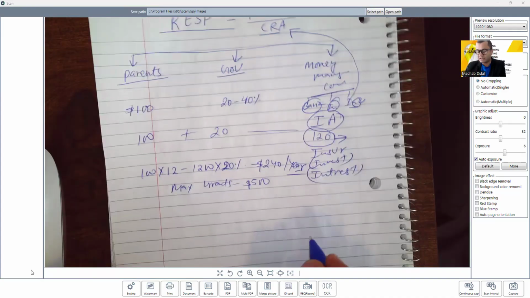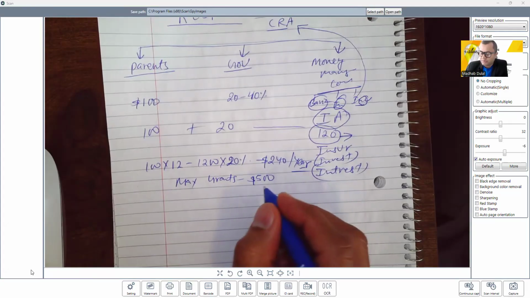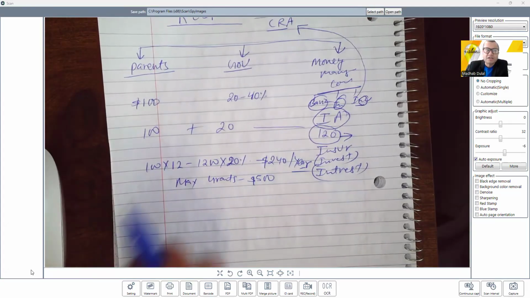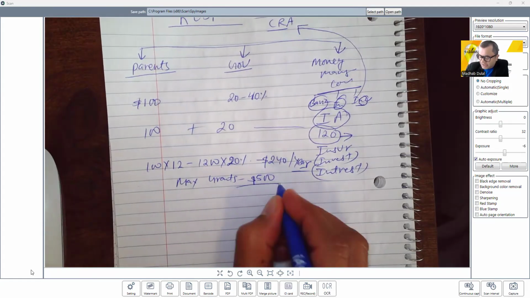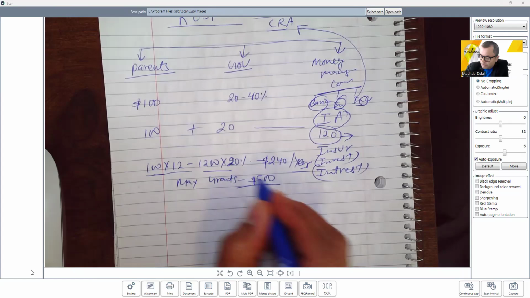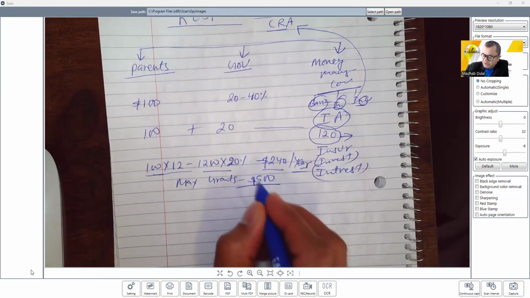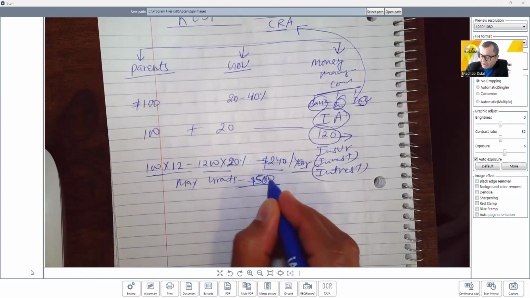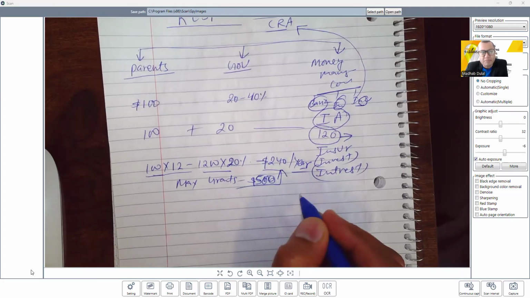And if you are in Canada and have not opened the RESP yet, you can go 1 year back to get grants as well. But let's make it simple. You put $100, 12 times is $1,200, 20% is $240, but the maximum grant is $500. Are you maximizing it? You are not maximizing it.